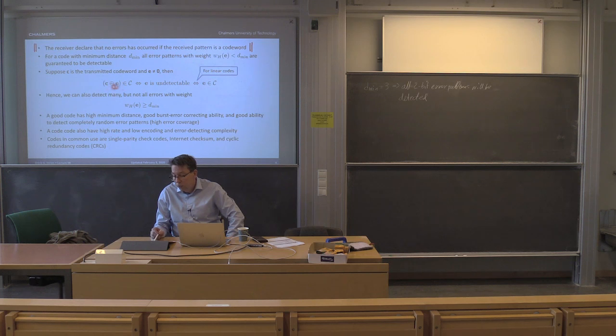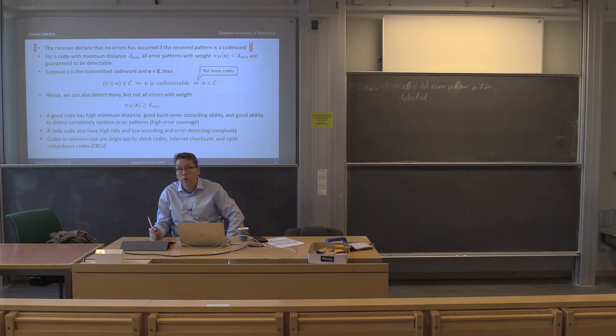So if this condition is true, then we say that E is undetectable. Now for a linear code, that means that E is in C. And why is that? Well, we know that C plus another code word will be a code word. Hence, if E is in the code, then this sum will also be in the code, and that will not be detectable. Did you follow that?